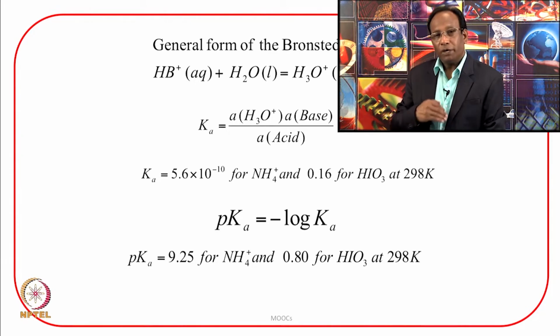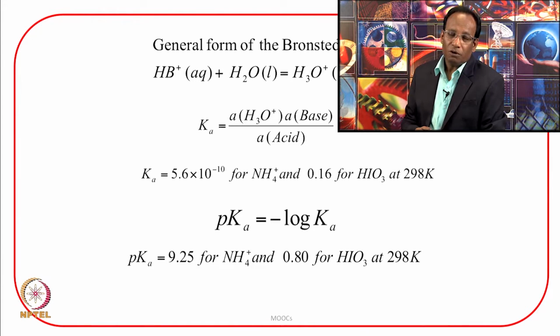Its ability to donate protons to another molecule is not very high. You see here pKa for HIO3 is very small compared to the pKa for NH4+, and that is why the Ka value for HIO3 is very high compared with the Ka value for ammonium ion.